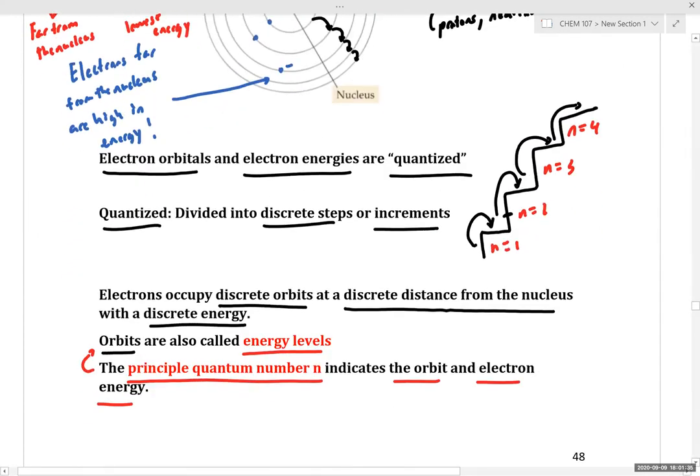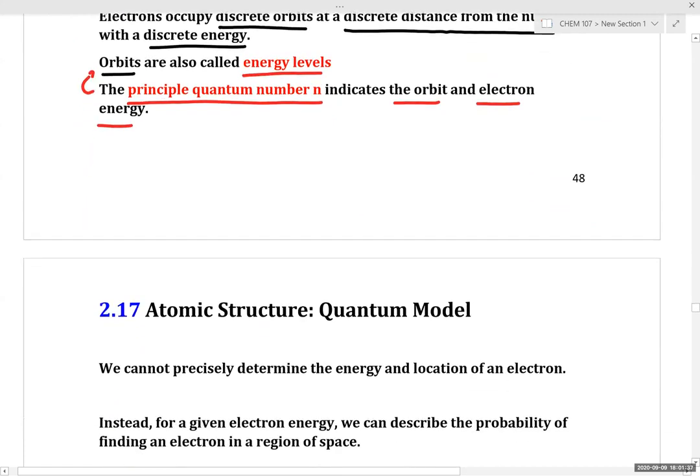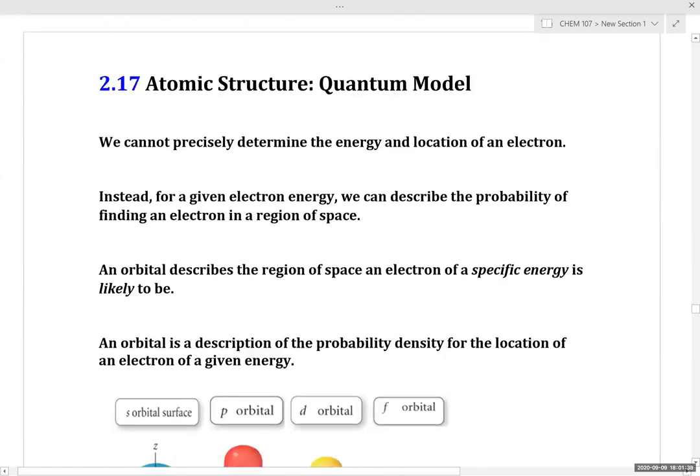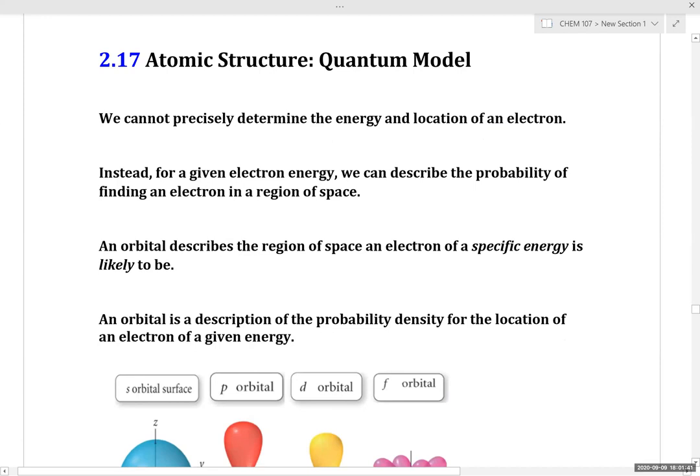Now, you may say, well, why is this important? Why does this matter? Well, the Bohr model is not perfect, but it starts to introduce ideas that find their way into the modern atomic model, which is the quantum model.